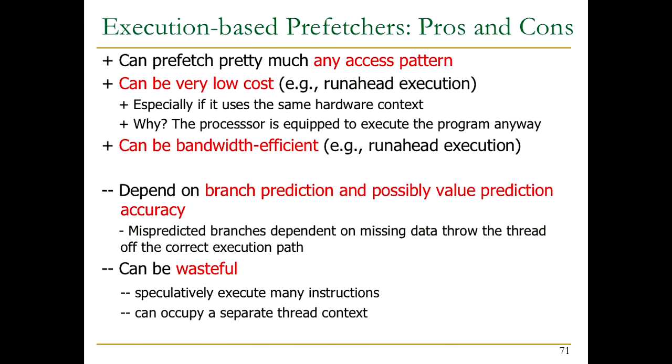That may not be a bad idea, but you're now occupying a thread context. And you have complexity in deciding when and what to pre-execute. That's true for Runahead execution, but less so because you're stalling the processor. Whereas here, in the more general case, when do you actually execute this thread? What do you pre-execute? There's a huge design space. But if you do it well, this works well at the software level also.